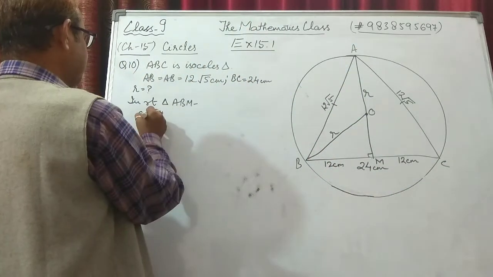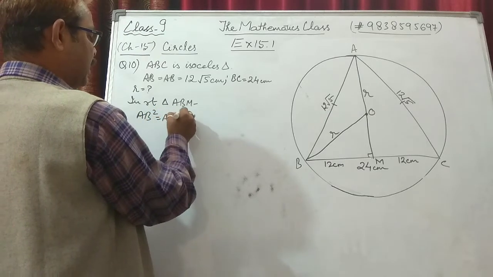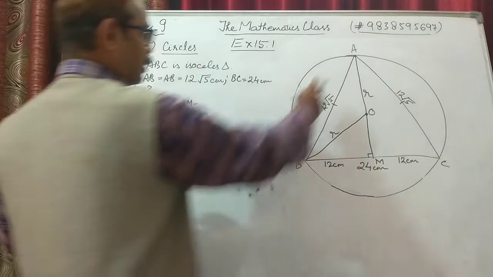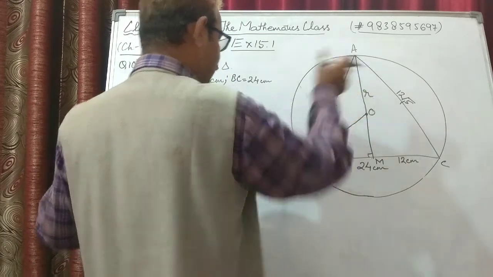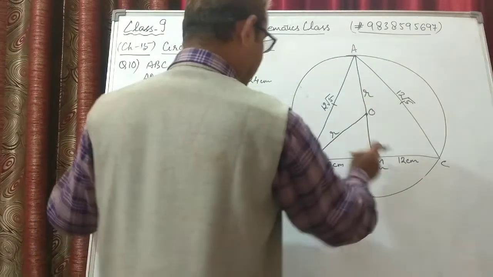So we can say that AB square is equal to AM square plus BM square. AB square is equal to BM square plus AM square. Now we will find the length of AM first.